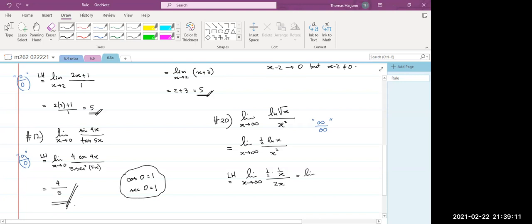Simplify, this is limit x goes to infinity of 1 over 4x squared, which is zero.